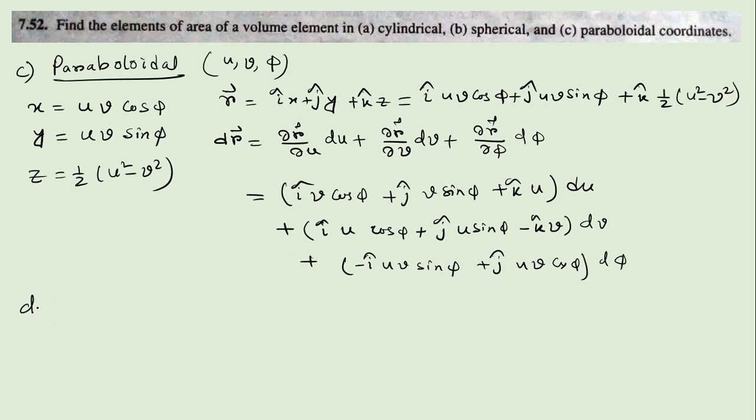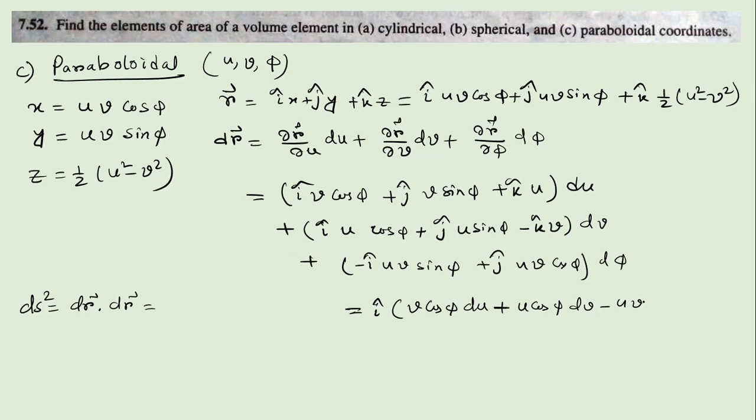So ds square, which is nothing but dr dot dr. You need to write it first with respect to i j k. So i cap v cos phi du plus u cos phi dv minus uv sin phi d phi.